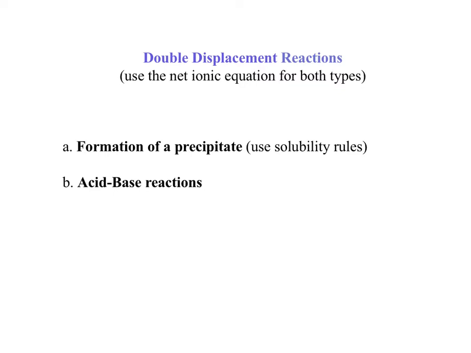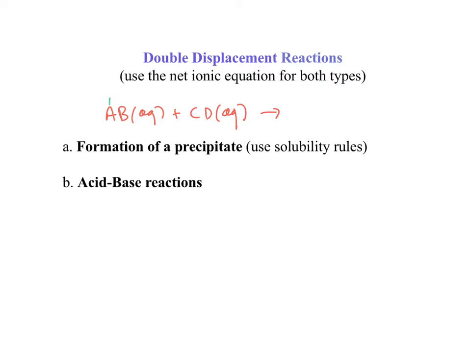In either case, you've got molecules, something like this, AB aqueous plus CD aqueous. And in a double displacement, what you want to do, think about exchanging partners, hands maybe. Sometimes people say exchanging hands.